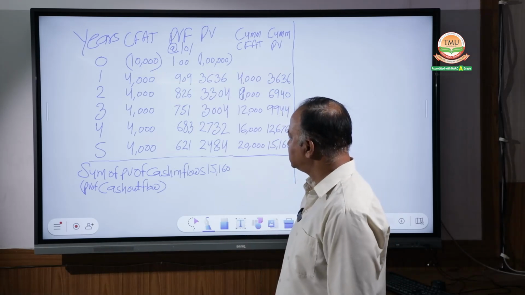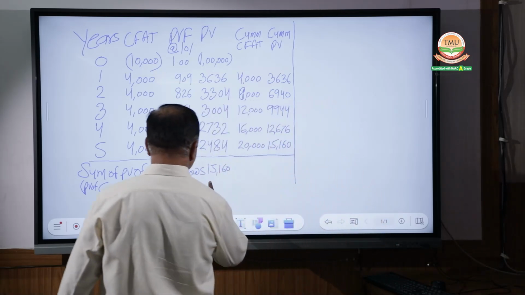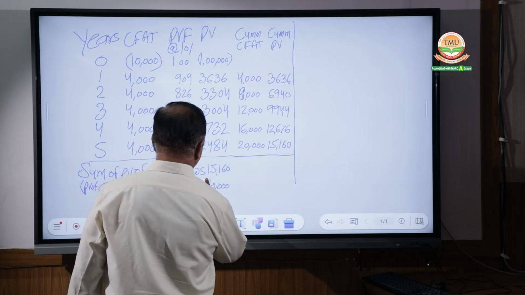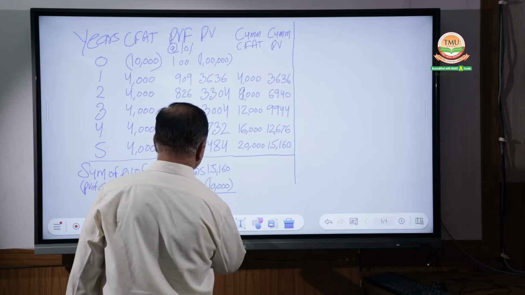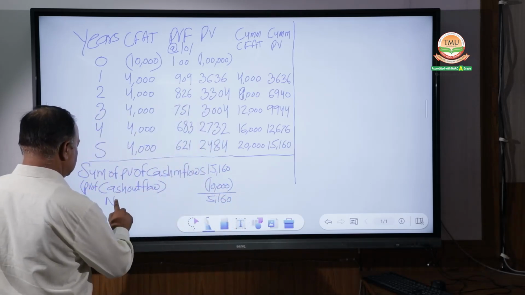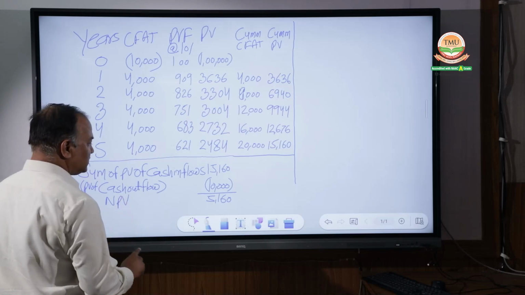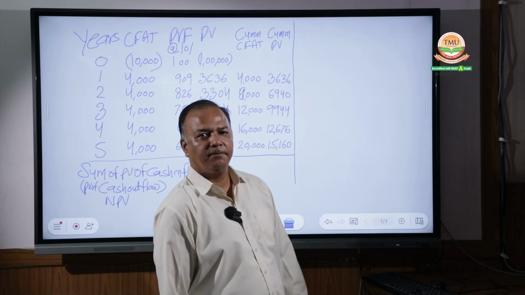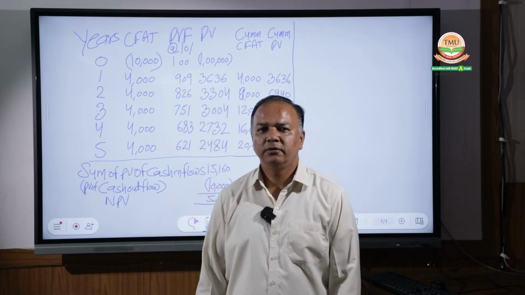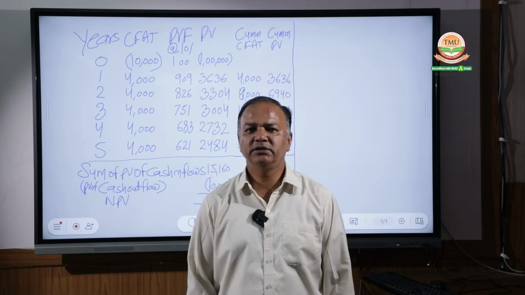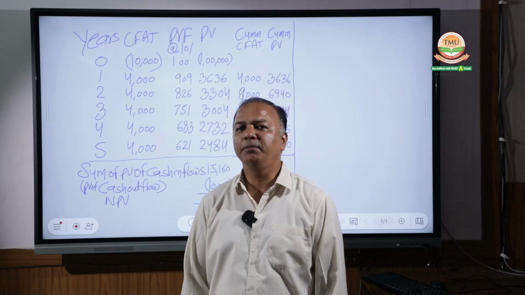It was rupees 10,000. So deduct rupees 10,000. NPV will be 5160. This is NPV. So we have solved three things: payback period, discounted payback period, and NPV.